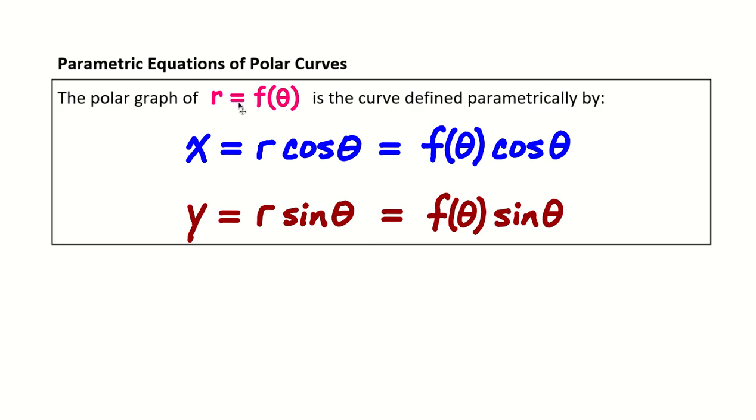So if you have just some polar equation, you can define it parametrically. You can split this polar equation up into a parametric x equation together with a parametric y equation, if I'm using the right lingo.